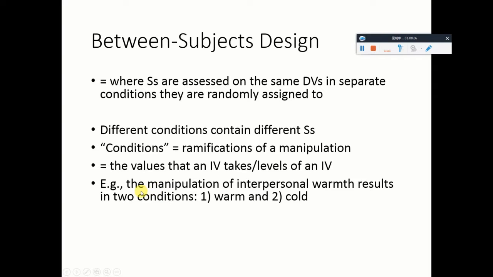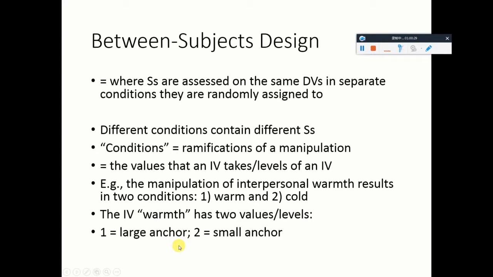Okay, so in the previous example, right, the manipulation of interpersonal warmth results in two conditions. That is, a warm condition and a cold condition, right? In other words, the independent variable interpersonal warmth has two values or two levels. The first value, the first level of warmth is, I should say here actually, warm, to make it more accessible, right?